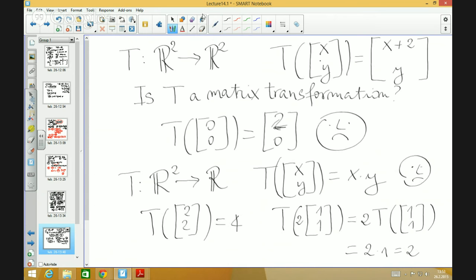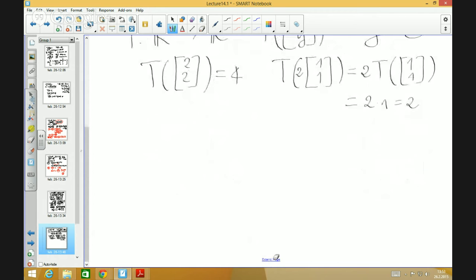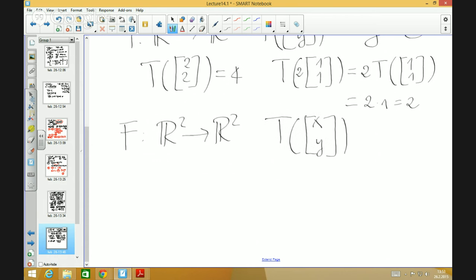On the other hand, if I ask you, is this transformation f from R2 to R2 linear?